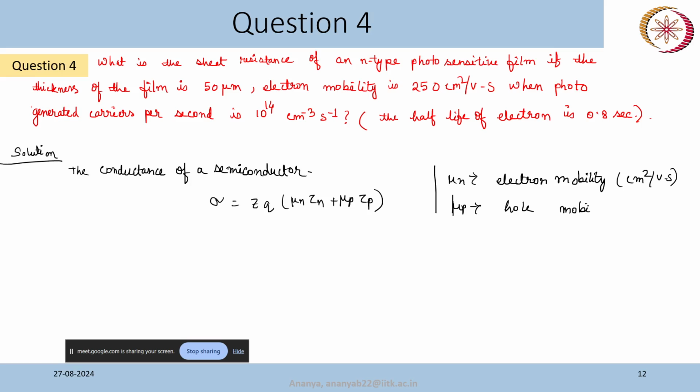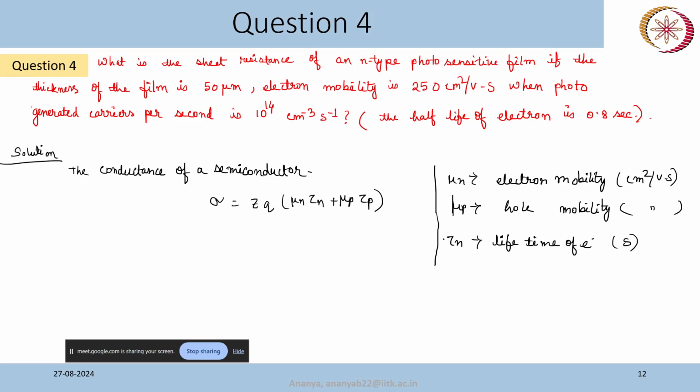Typically in semiconductors, electron mobility is higher. Okay, similar unit. Tau n is like lifetime of electrons. The unit is in second. Why is tau n important in case of conductance in a semiconductor in case of photogeneration?